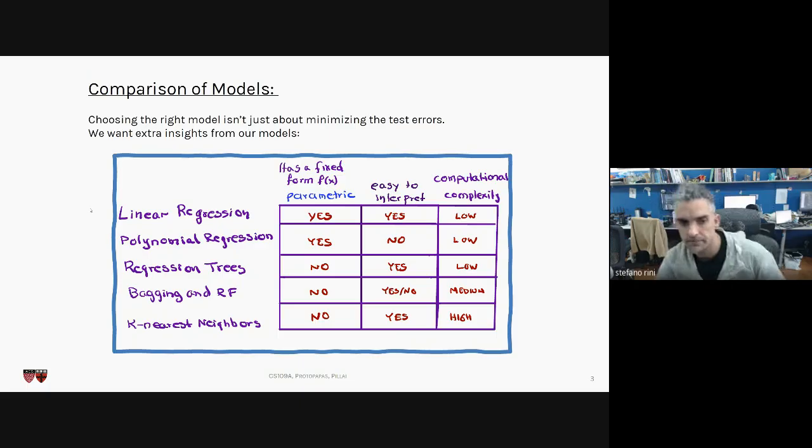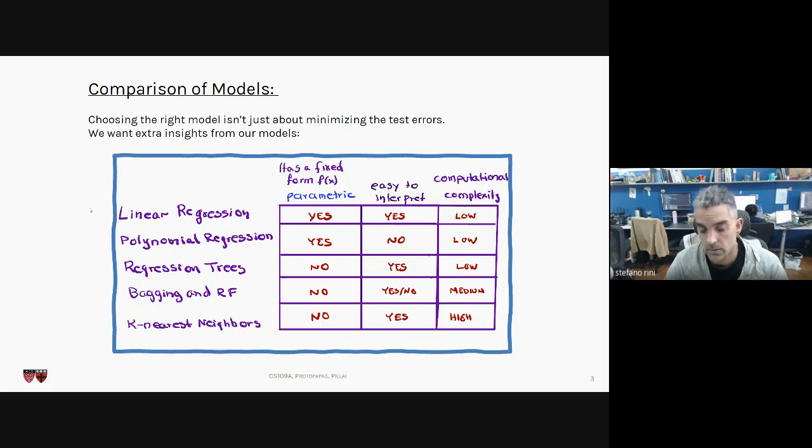It's not so clear. Regression tree, we said yes, because we go down the tree. Over each tree, we see which parameter we're splitting. We come to a decision. So in a sense, we can trace back what is the rule that we use for deciding a certain label for an input sample.